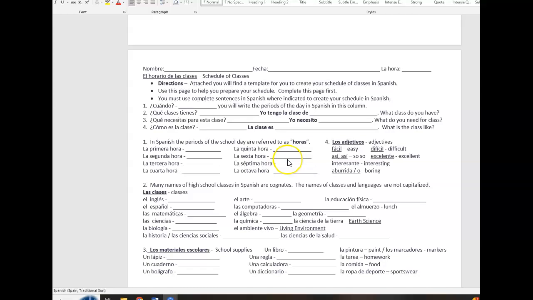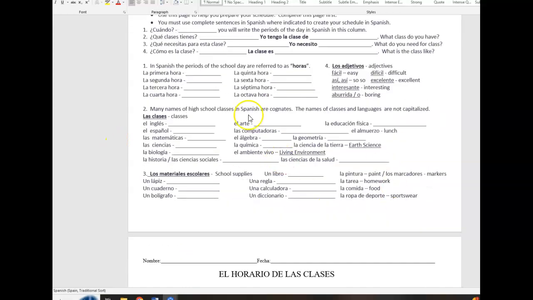Now, classes as they are, and I know this isn't going to cover all of your classes, so if you have an elective, first think about if that elective can fall under an umbrella subject. For example, algebra, geometry, pre-calculus, all of those are math classes, so that would fall under las matemáticas.